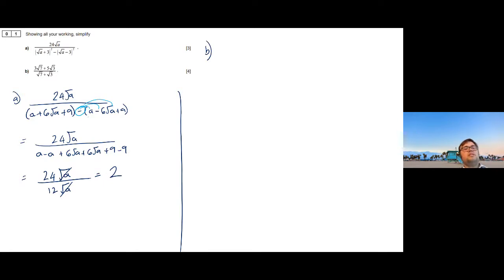Part B. So this is rationalizing the denominator. You're going to be multiplying top and bottom by the square root of 7 minus the square root of 3. So I need that minus in there. So it'll be 3 root 7 plus 5 root 3 over root 7 plus root 3.